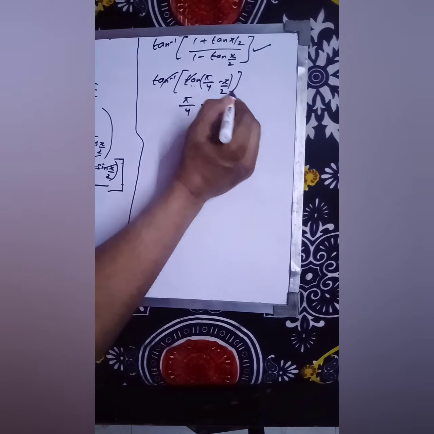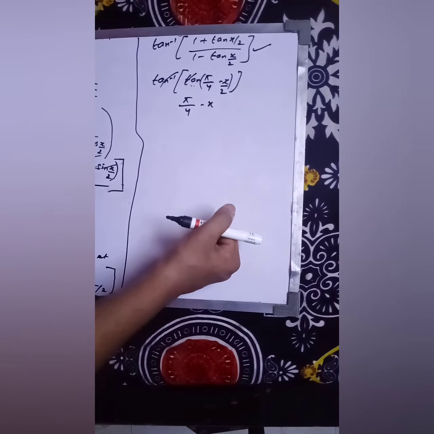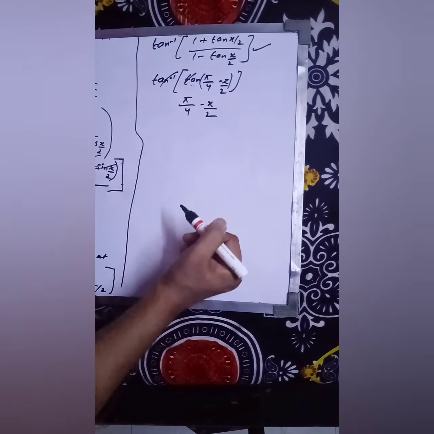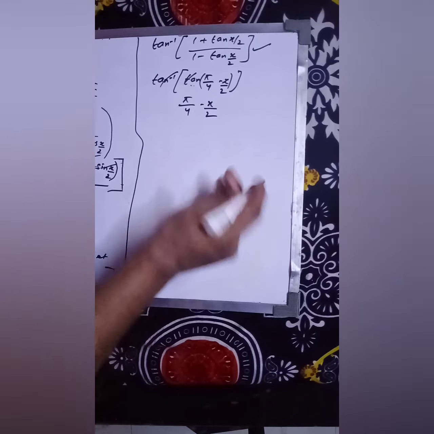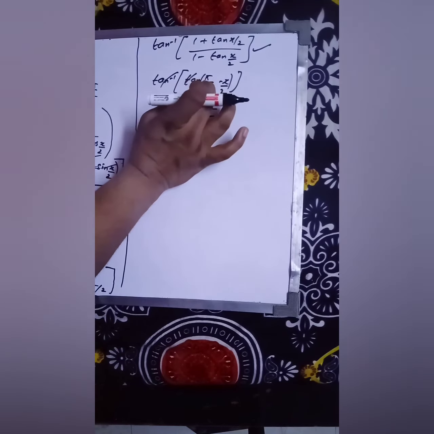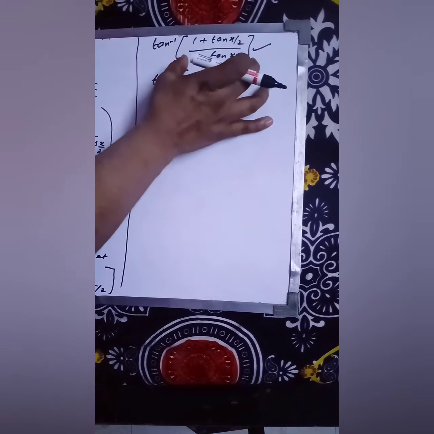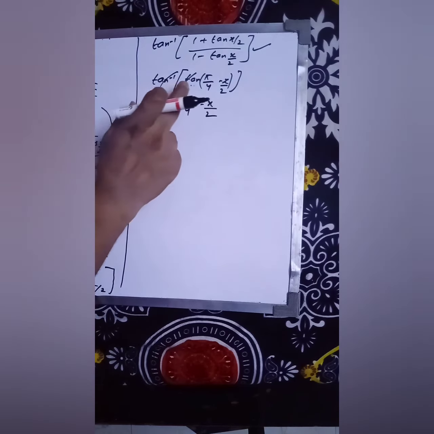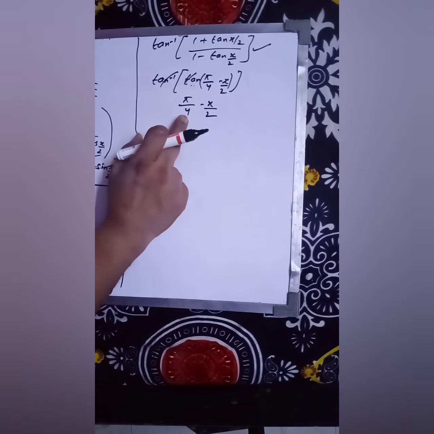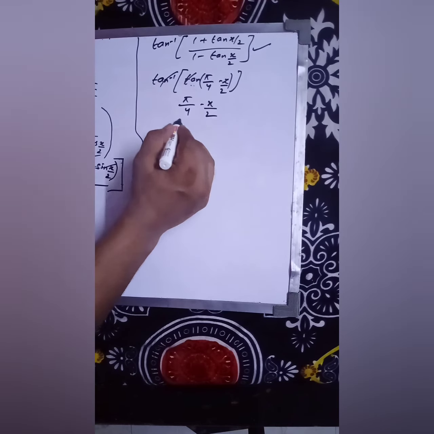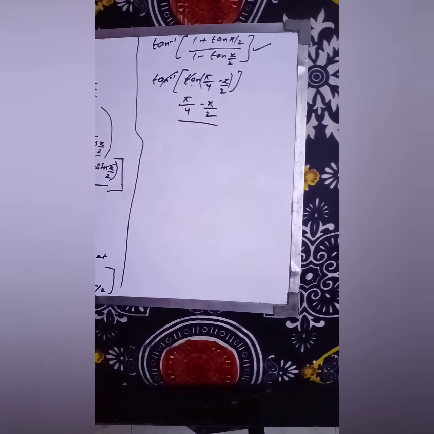Sorry, here you have to write pi by 4 minus x by 2, because when you apply the formula of tan (a minus b), you will get the same term. After this, tan inverse and tan will cancel out, and the final answer would be pi by 4 minus x by 2. So this is your final answer.